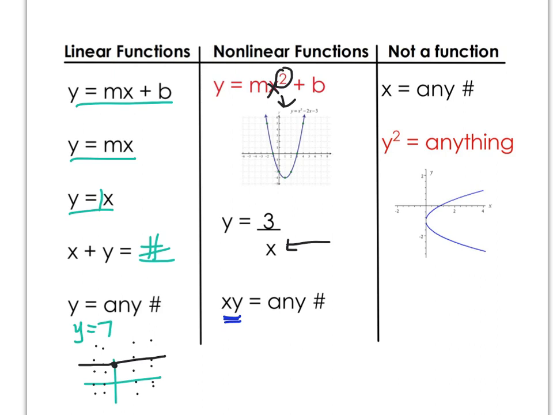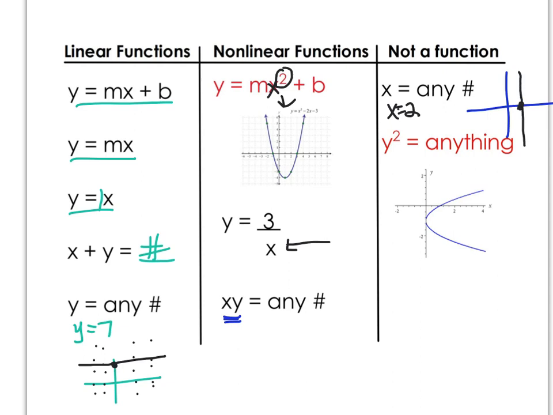For not a function at all, it's when we have x equals any number. So we already saw that from before. A graph of x equals any number means, let's say for instance, x equals 2. I would go to 2 on my x-axis, plot a point. There's no plus or minus b, not moving, doesn't have a slope there. So x equals positive 2 means I'm not straying from 2.